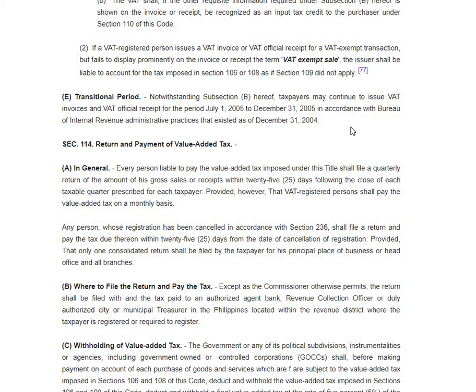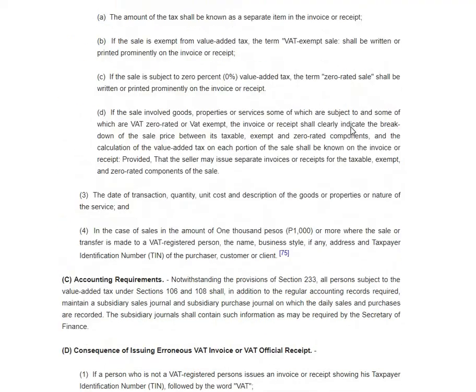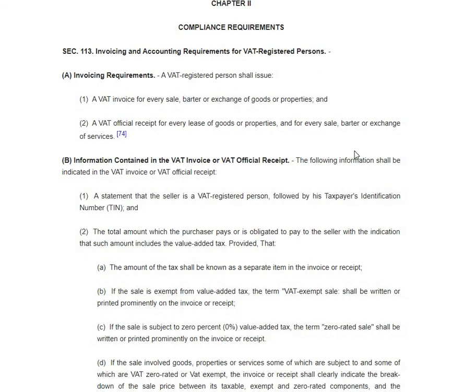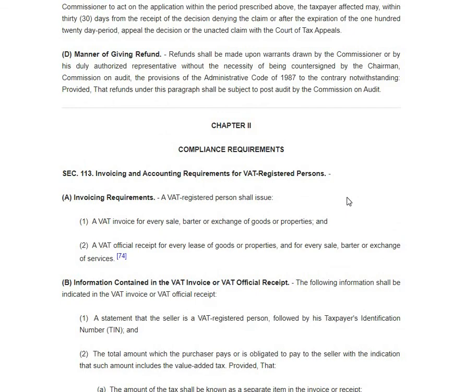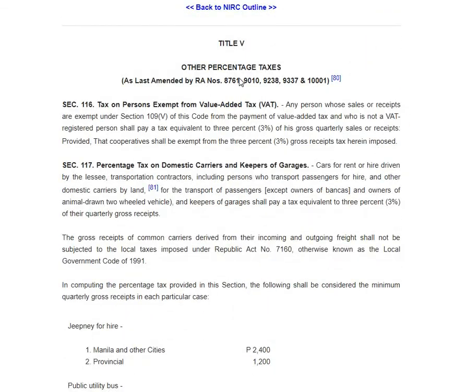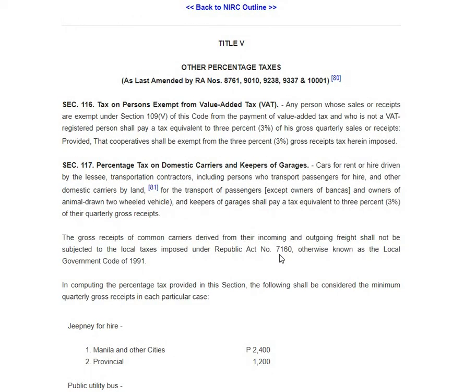You're allowed to claim allowable deductions on the taxes that you paid, including the local business taxes that you paid, except income taxes. Okay, so that's about it for VAT, and we will discuss other percentage tax and the documentary stamp tax, and then we go to the remedies. Okay, so that's about it for the VAT.